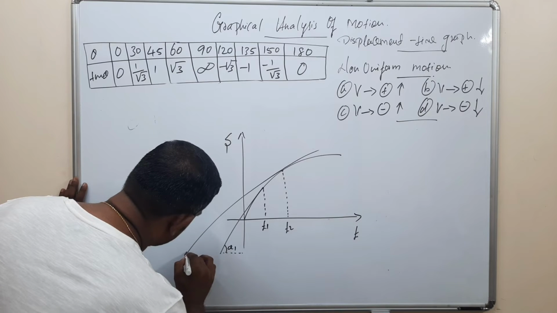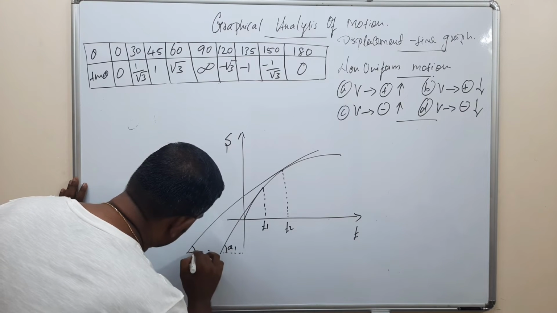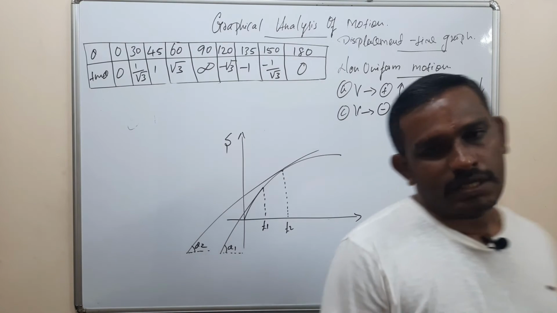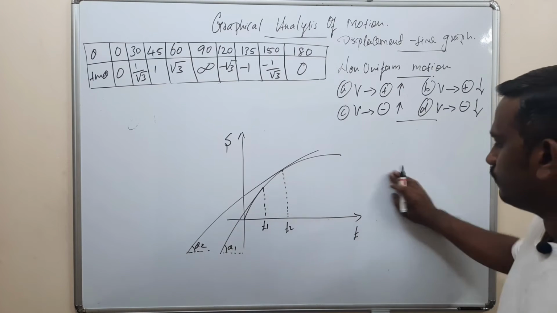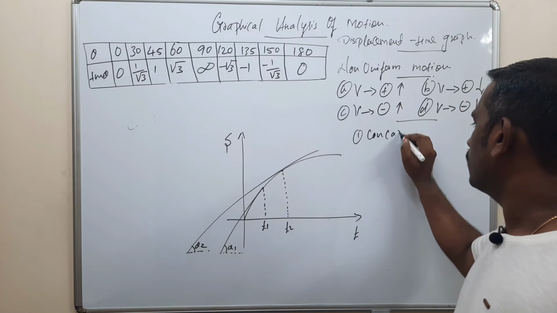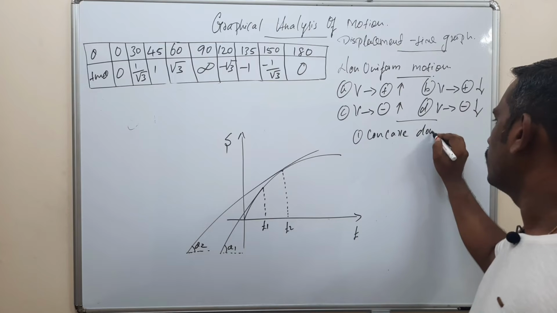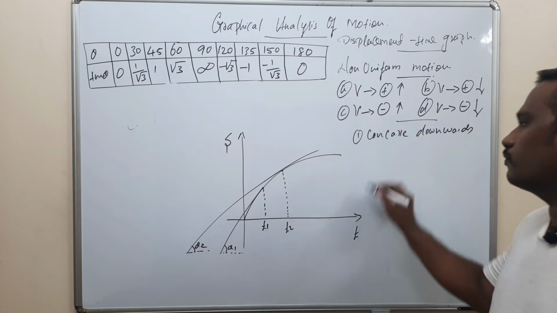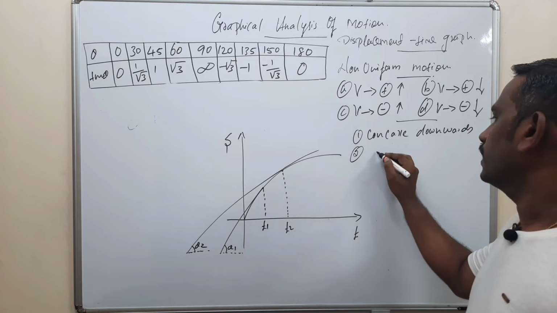Theta 1, theta 2. Okay. So what are the conclusions we can make from this graph? 1. Concave downwards. 2.